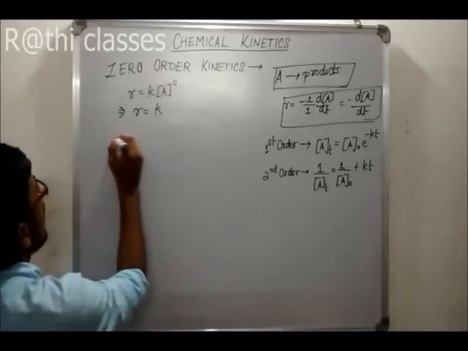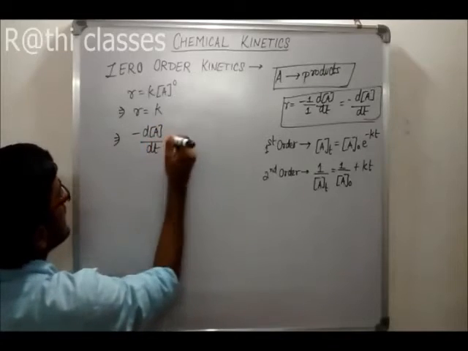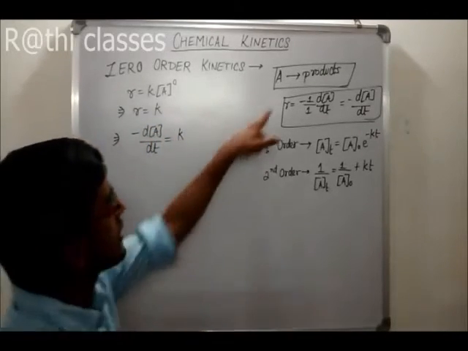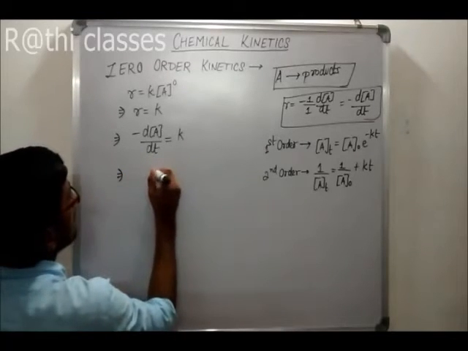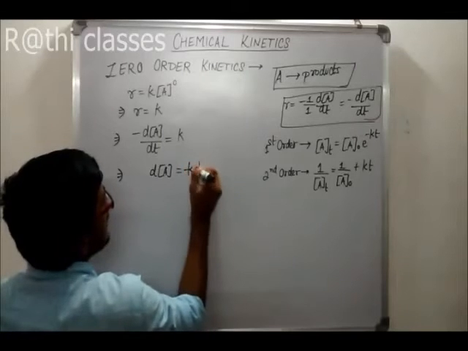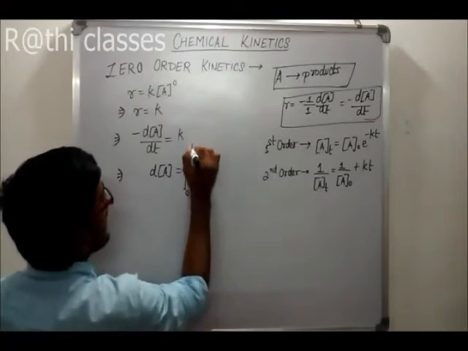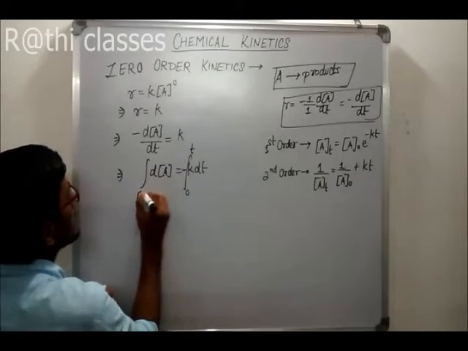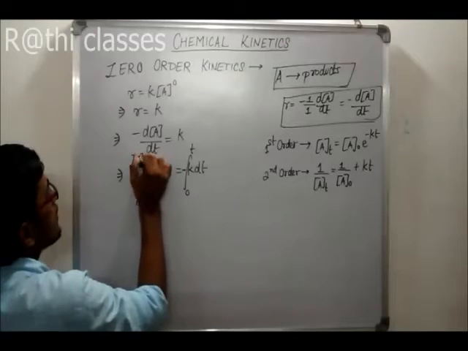Or I can replace it as minus dA upon dt, which is equal to k. Using this, I can write it as dA is equal to minus k dt, and integrating on both sides from 0 to t and from initial concentration A naught at time t equal to 0 to final concentration At.